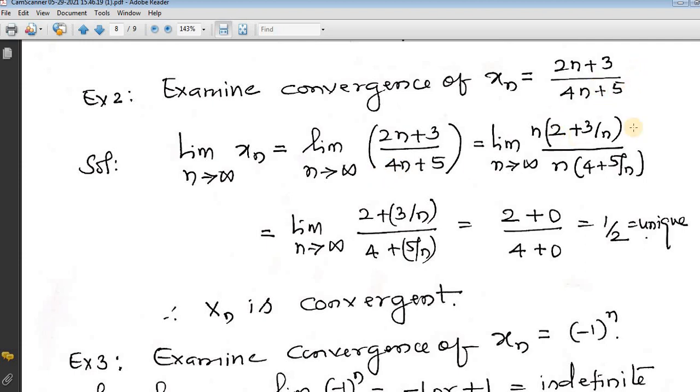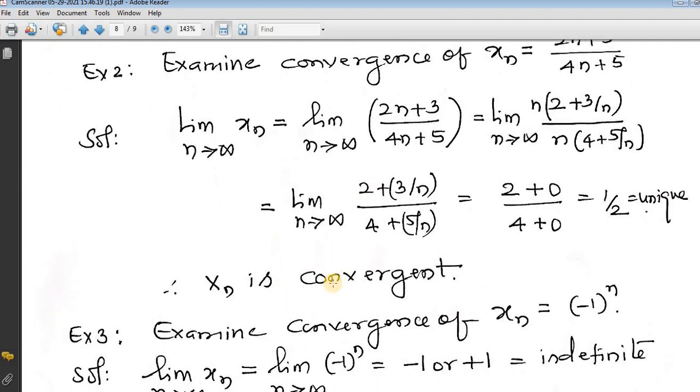So this will become like this, n will get cancelled, so only 2 plus 3 by n, 4 plus 5 by n remain, and now substitute the limit as n tends to infinity. 2 is as it is, 4 is as it is, 3 by infinity is 0, as well as 5 by infinity the value is 0. So this is 2 by 4, 2 by 4 is nothing but 1 by 2, which is unique. Therefore this given sequence xn is convergent.